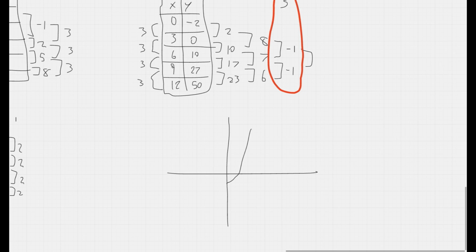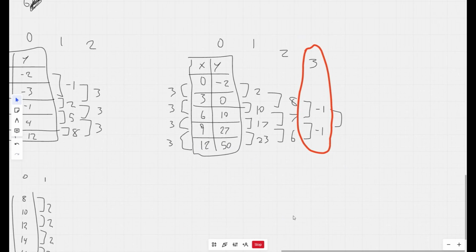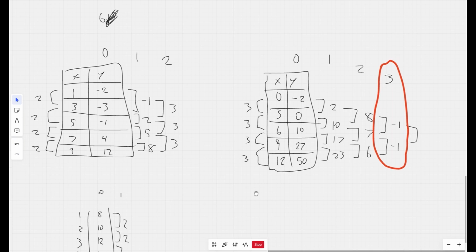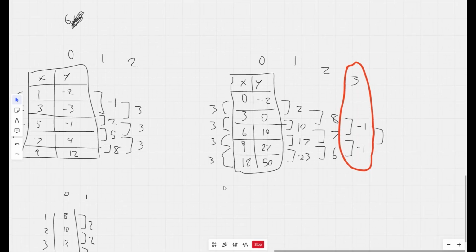And then 9, we're at 27. So, yeah, I could see that being a cubic function. I could see this going down, and then that being your standard shape, right? So it checks out, right? So this is a third degree, and that is how you find the degree of a polynomial from a table.